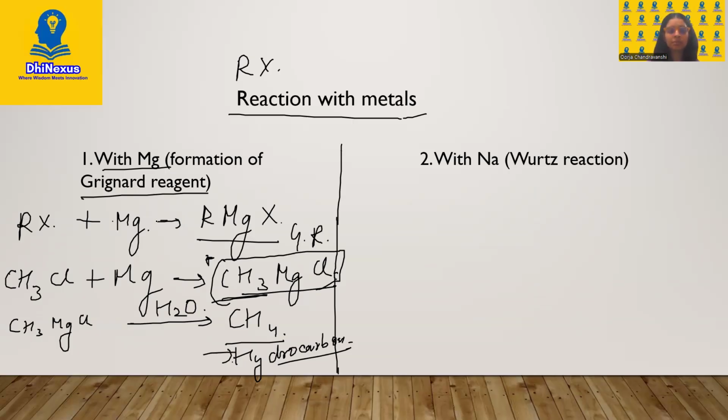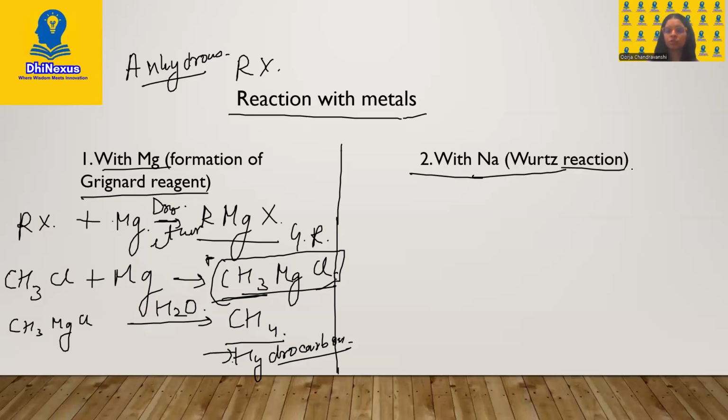Hence, we must prepare this in dry conditions. The formation of Grignard reagent must be done in anhydrous conditions so as to avoid formation of hydrocarbons. But on the other hand, this can be used to prepare hydrocarbons if I react it with water.